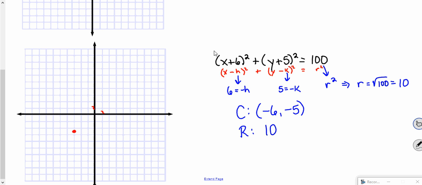Radius of 10, so 2, 4, 6, 8, 10. Again, I'm essentially going 5 blocks, right? So these are like the outside edges here of my circle.